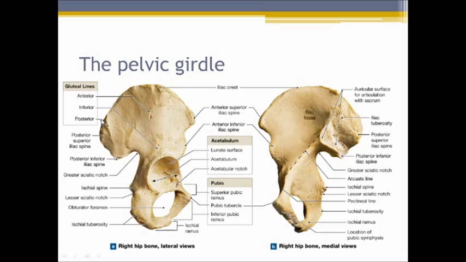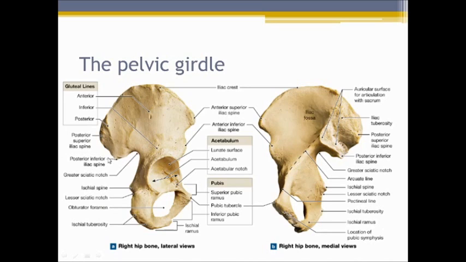You also have a posterior superior iliac spine and a posterior inferior iliac spine, usually abbreviated PSIS and PIIS. The posterior superior iliac spine, you can also feel if you're palpating your back. It's usually where if you have back dimples, that's where your PSIS sits.